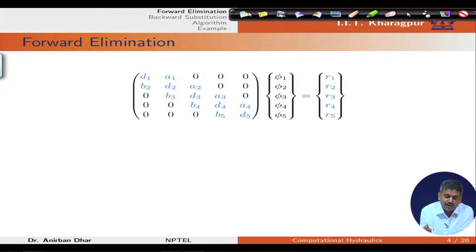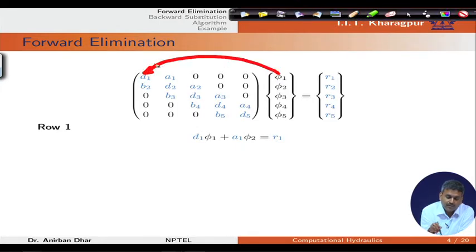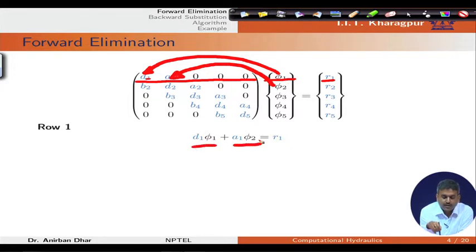Now, let us say that we are starting our calculation with row 1. What is required in row 1? We have D1 multiplied with phi 1, A1 multiplied with phi 2, and R1 is there. So, we write D1 phi 1 plus A1 phi 2 equals R1.